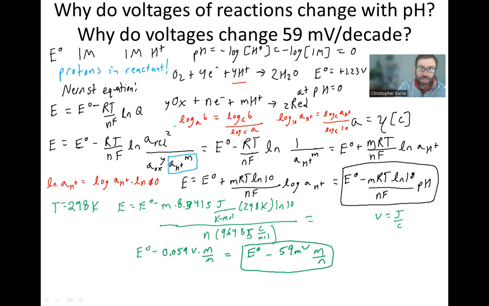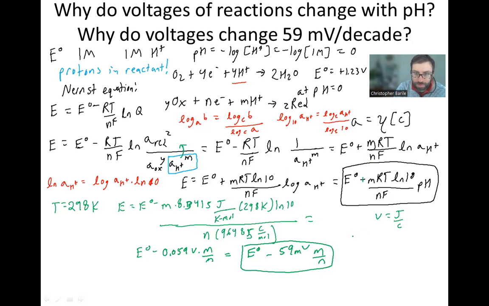The other thing to note that we alluded to before is that this was only with protons in the reactant. If protons were in the product, this would have gone to the top, right? And all that math would have stayed the same, except we wouldn't have changed this minus sign to a positive sign here. So the net result is that this would have turned into a positive sign.